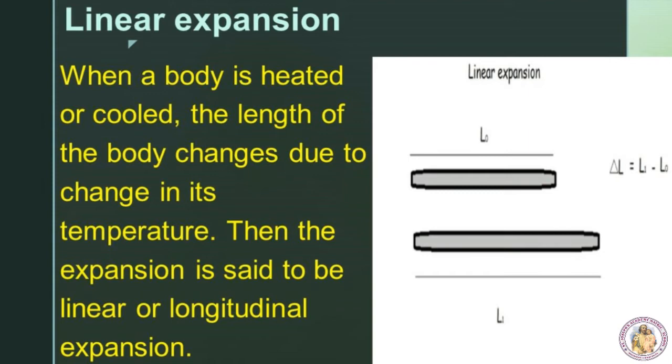The atoms and molecules start vibrating because of temperature. So due to the increase or decrease in temperature, the atoms and molecules start vibrating. So after that, what's happening? It starts expanding. Okay. So this expansion is called what? Linear or longitudinal expansion.